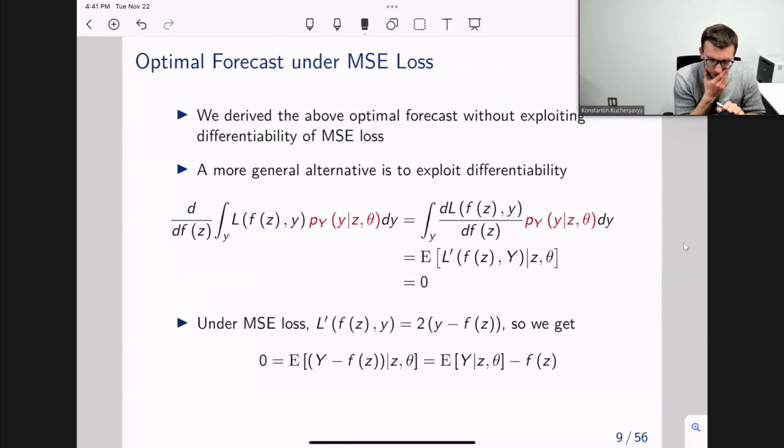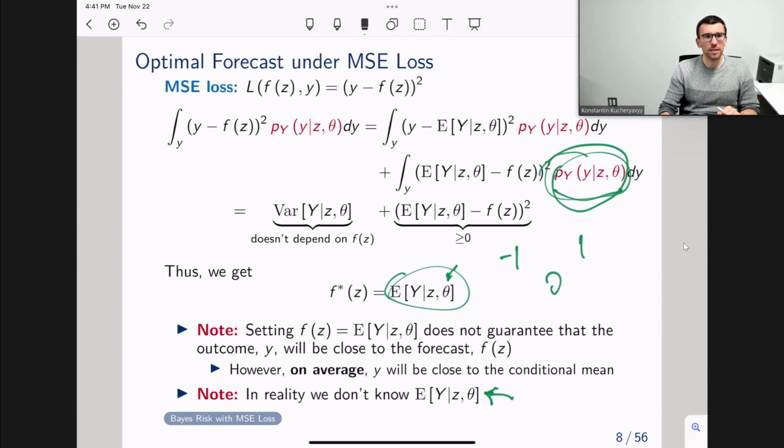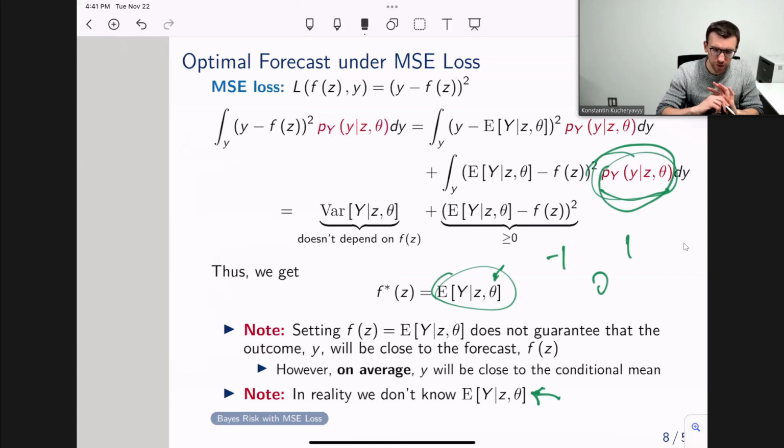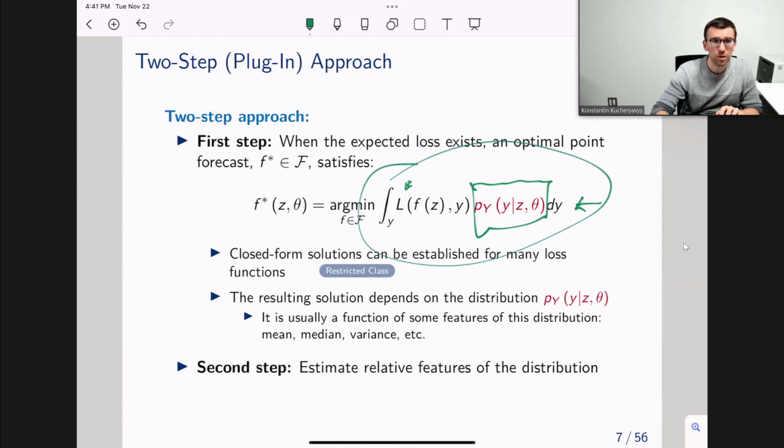Now, we derived this optimal forecast using this trick of adding and subtracting, but there is a more general approach to solving this problem, and the more general approach is just calculating the first order condition.